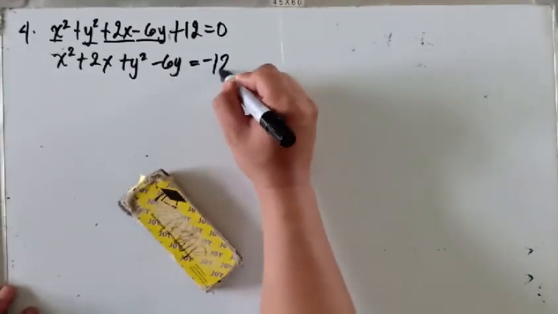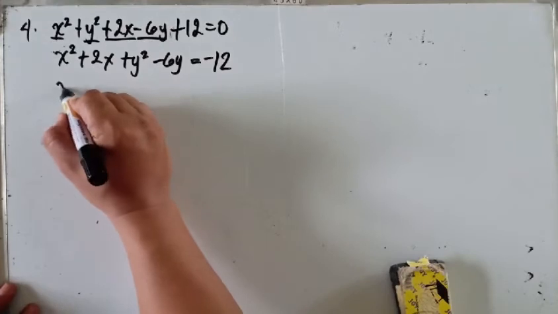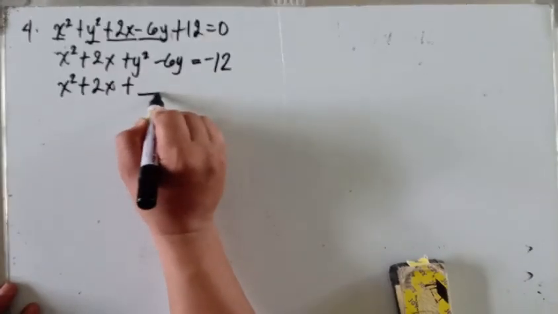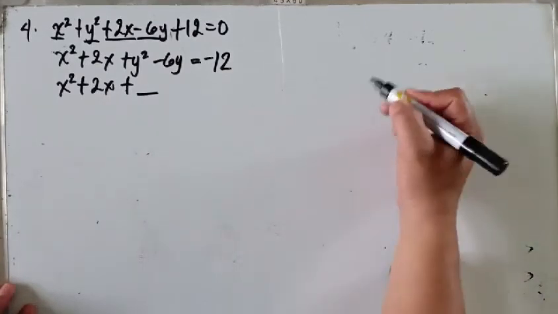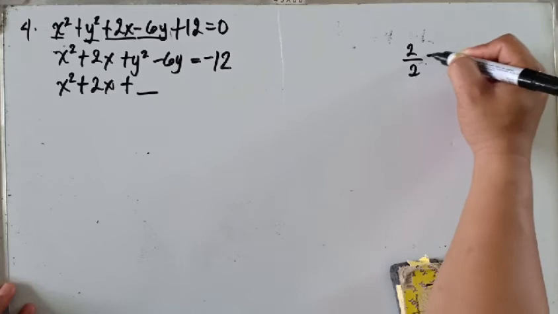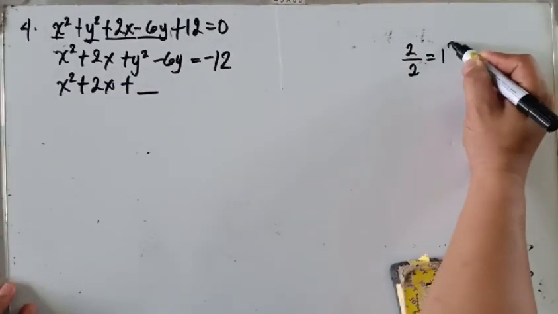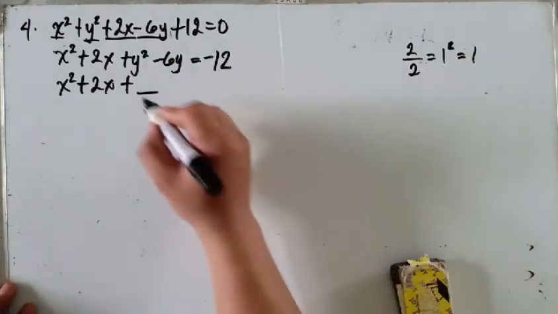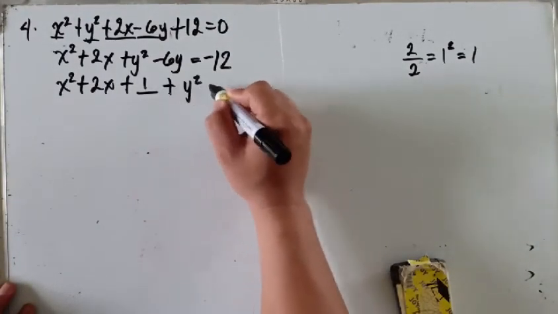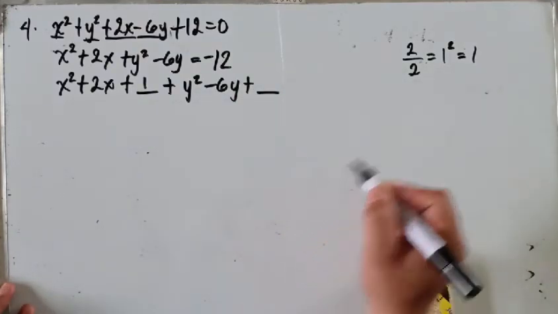So this is negative 12. We have x squared plus 2x plus a certain value. And what is that value? Take the half of 2, that is 1. Take the square, that's 1. So that is 1 plus y squared minus 6y plus a certain constant value.